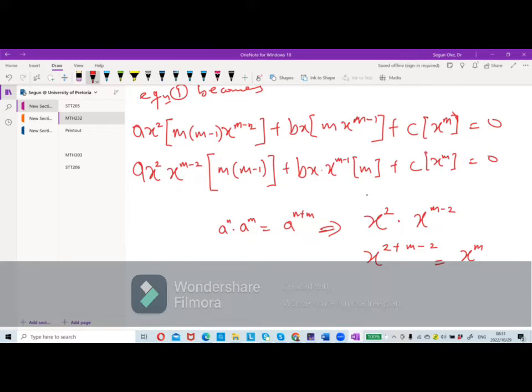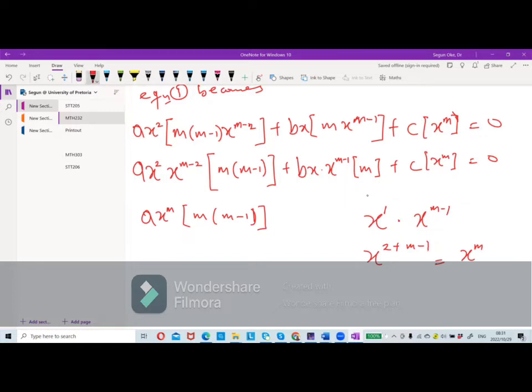Are we together? Yes, sir. Do we agree? Yes, sir. We have s raised to power m, so in brackets m into m minus 1. Now, the same thing is applicable here. We have s raised to power 1 here and m minus 1 here.